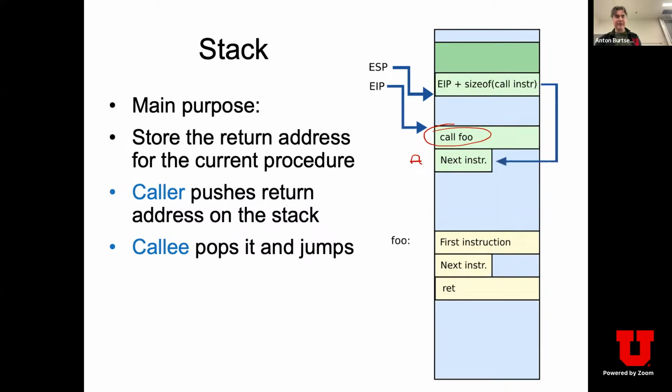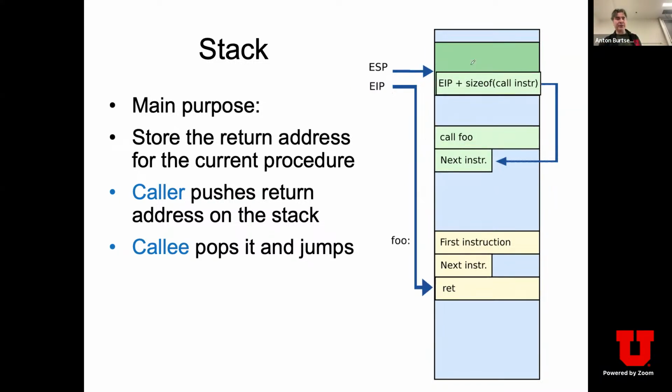So specifically, this address A, which is the current value of the instruction pointer plus the size of this instruction, is saved on a stack, and it will be this A. So it gets saved, and then your ESP gets adjusted, so the next value will be saved here and will not be overwritten, and your instruction pointer goes to the first instruction of a function, right?